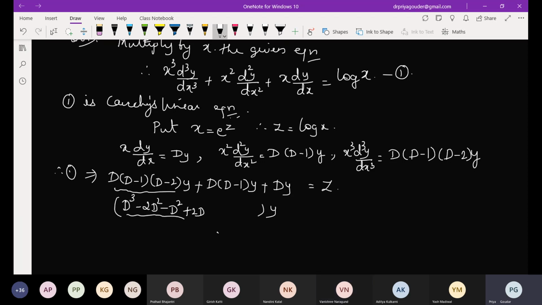Okay. Now take this D inside again. What will we get? It is D square minus D, correct? And what do you have here? Plus D is equal to z. Tell me what we can simplify here. Plus D minus D goes. Anything else?